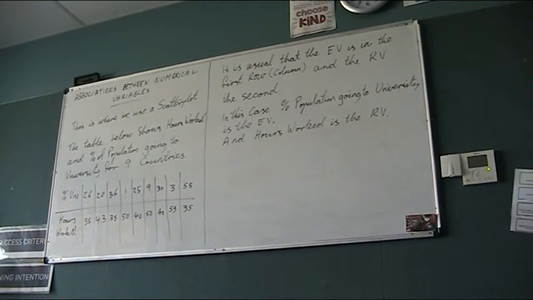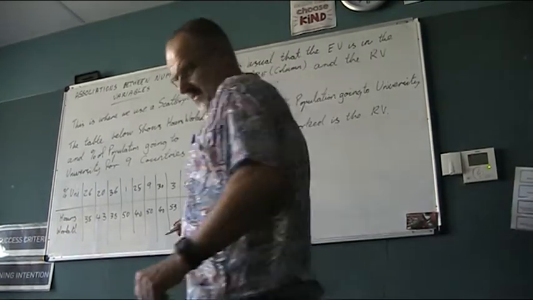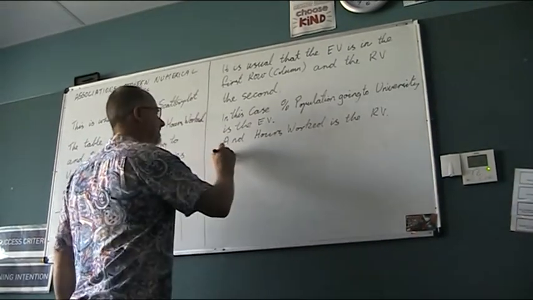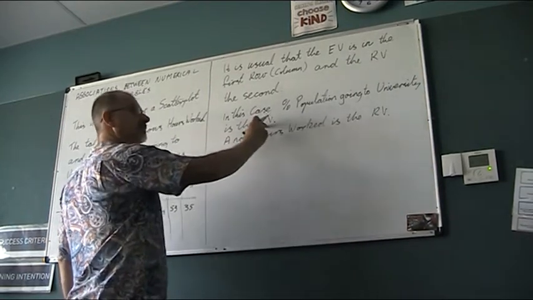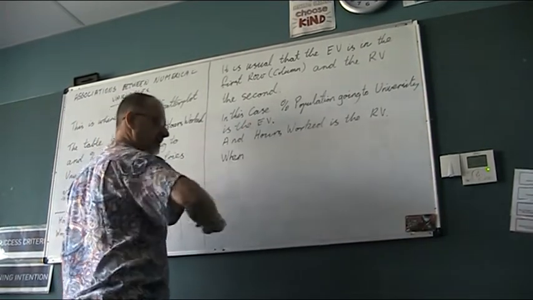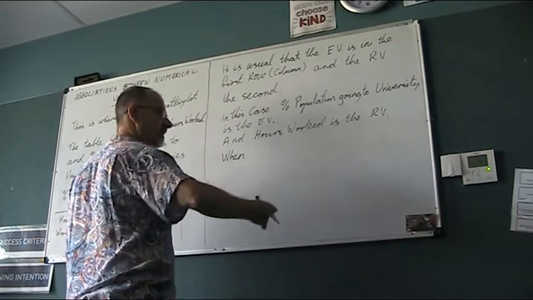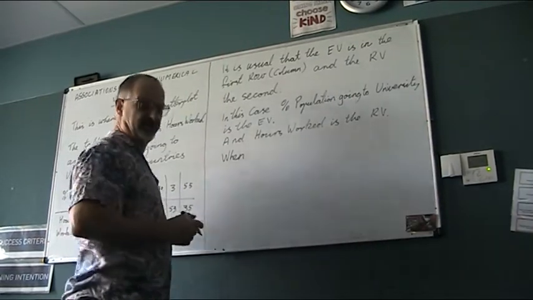So when we construct a scatter plot, we need to do it in a particular way. And when we do that, our explanatory variable, the EV, goes on the horizontal axis and the RV on the vertical axis.